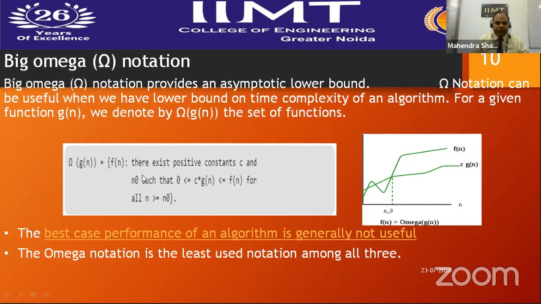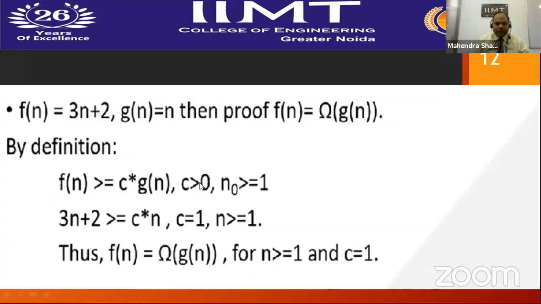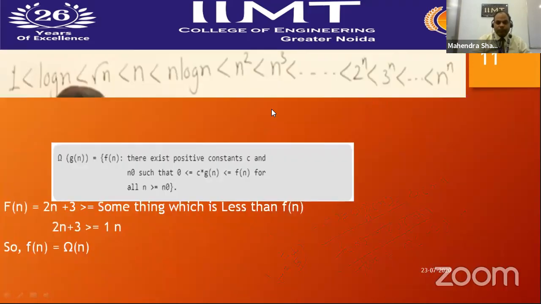The definition: omega of g of n is equal to f of n if and only if there exist positive constants c and n0 such that 0 is less than or equal to c of g of n, which is less than or equal to f of n for all n greater than or equal to n0.